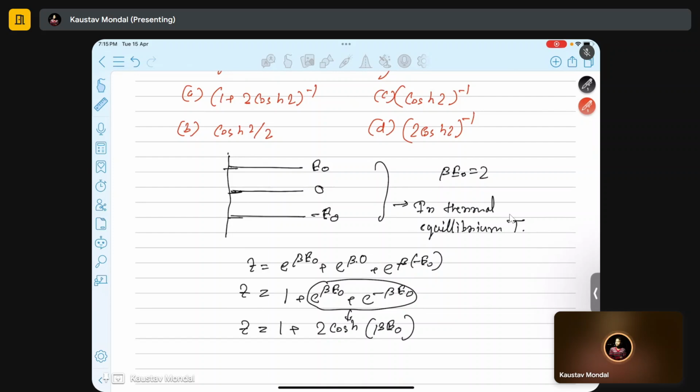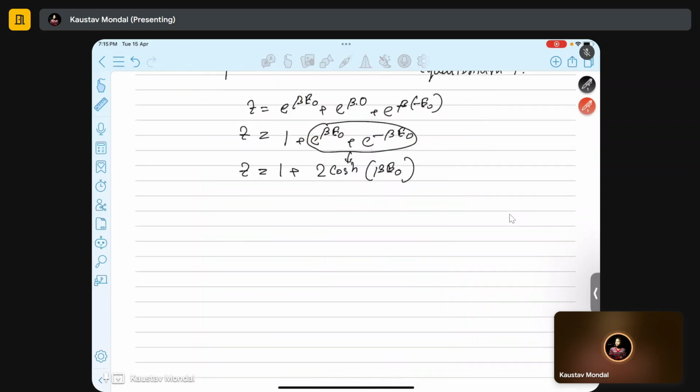So by defining it, you can calculate the probability of being in the state E equal to 0.